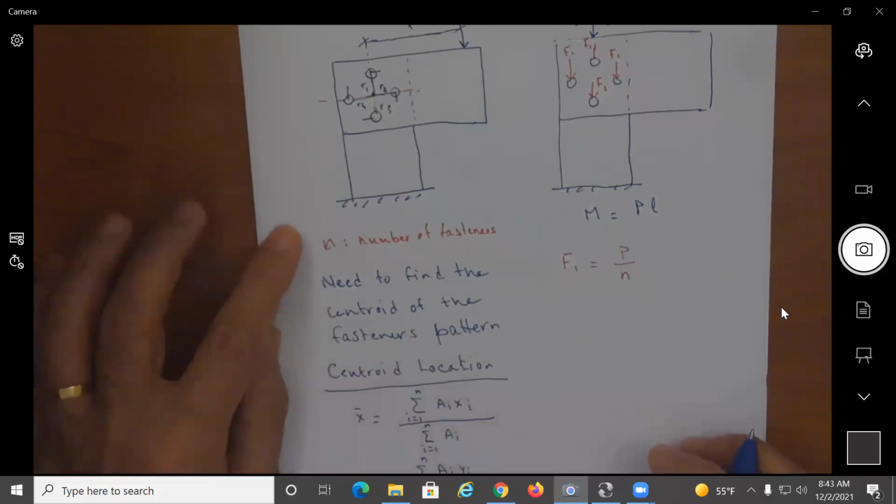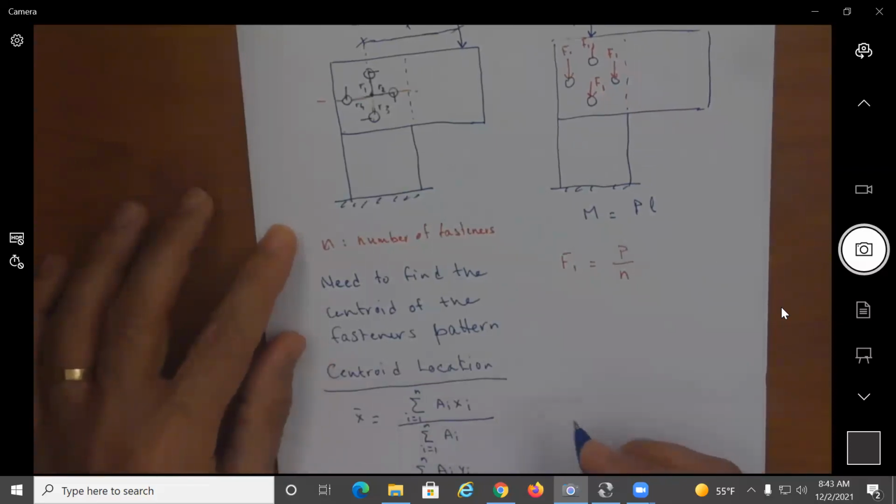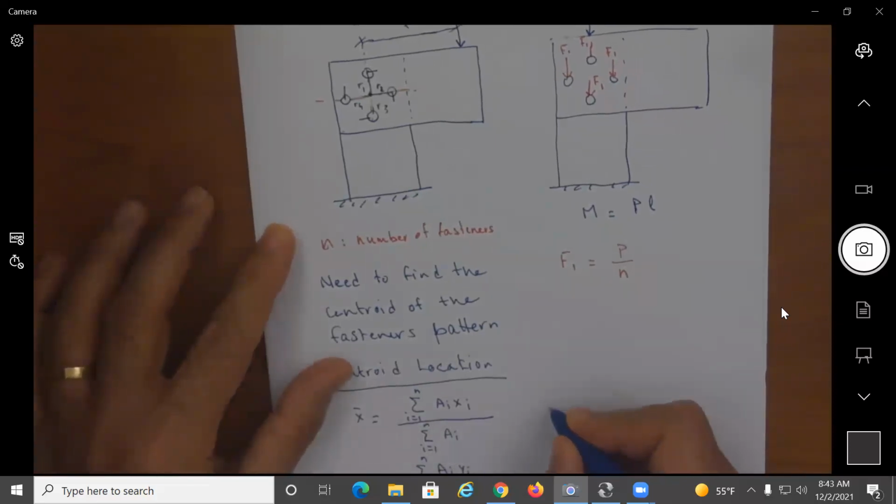Again, N is the number of fasteners, and i represents a particular fastener.